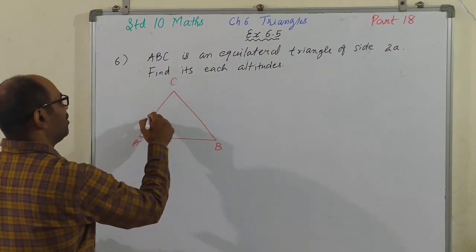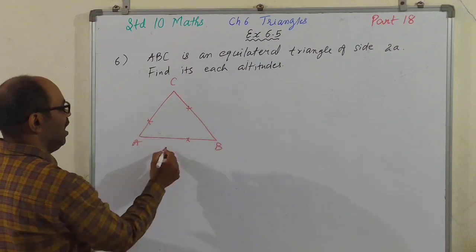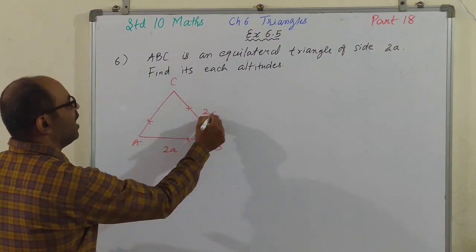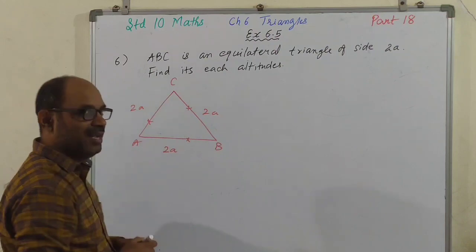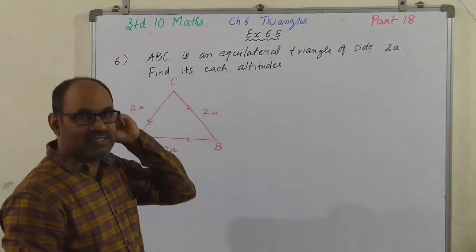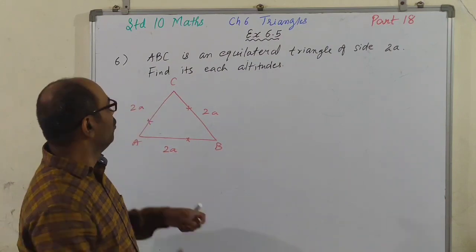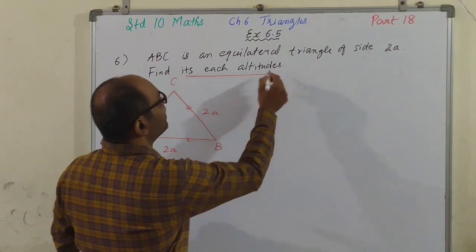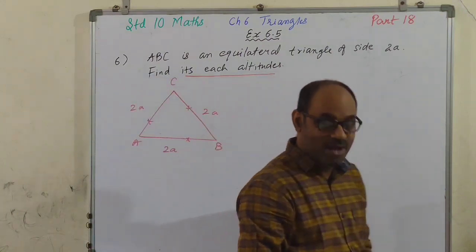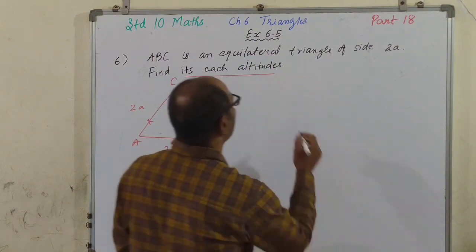It's equilateral, so I'm putting the same sign to show that they are all equal and measure of each side is 2A, 2A, 2A. So triangle ABC is equilateral triangle and measure of each side is 2A. Alright? And what we have to do? We have to find its altitude. Is baar hamein altitude dhundhna hai. Children, please pay attention.